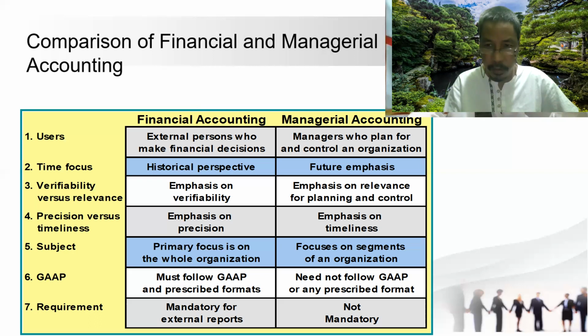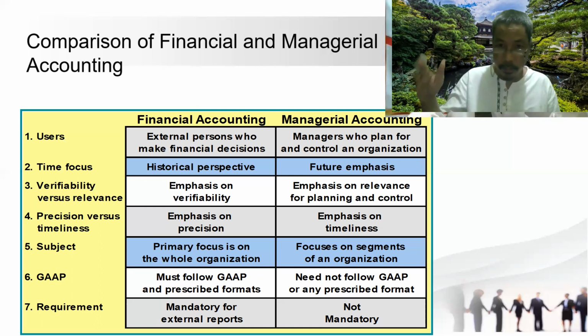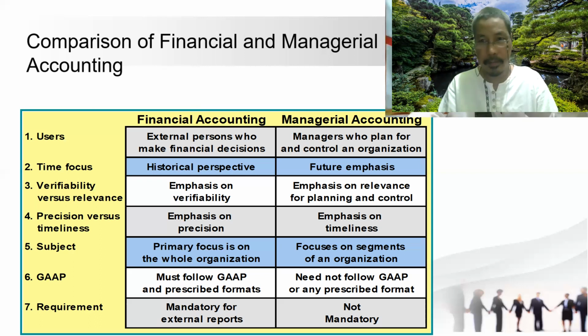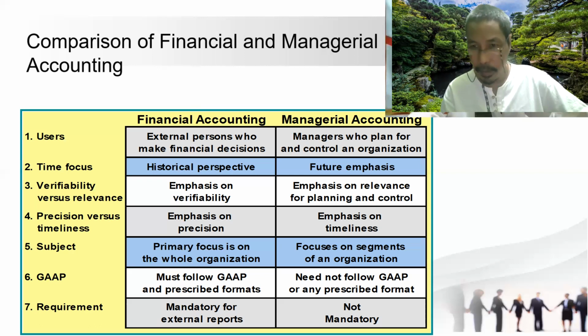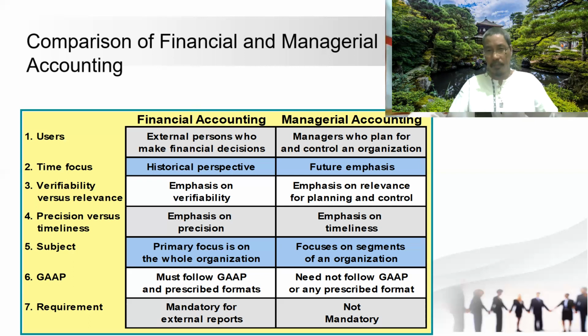The boss needs the report tomorrow, but you cannot do it in financial accounting because you have to wait for the end of the month. But you can estimate because the emphasis of managerial accounting is timeliness. You can estimate because the boss, the managers, needs to decide on something important for the company.